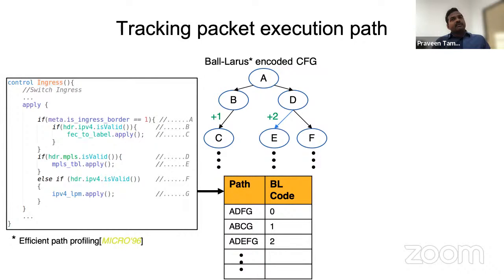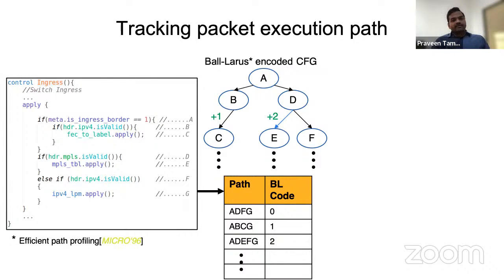And you label the edges in such a way that as a packet traverses the graph, where each node represents a table and the set of actions associated with the table, the sum of the labels of the edges that it traversed would give you a unique ID. That ID, also called the BL code, would be unique for each path in the CFG.